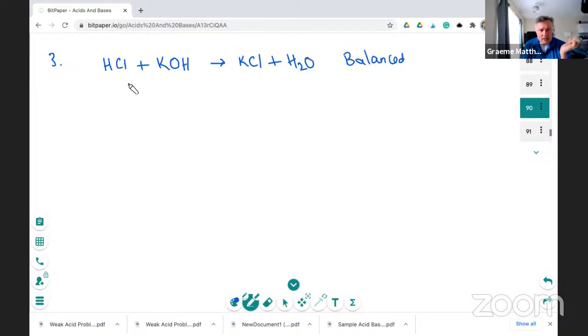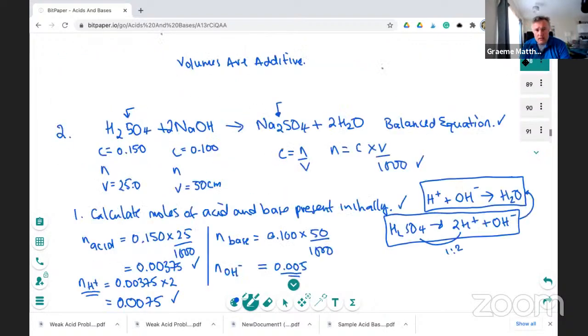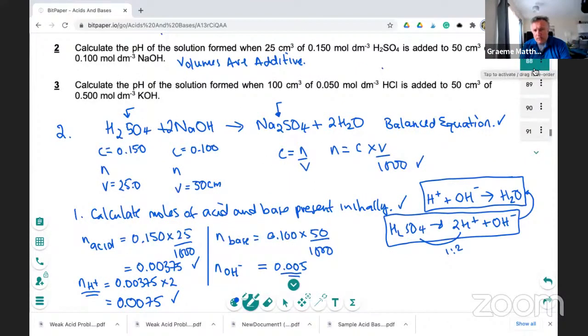Okay, I've done that. I'm going to write down C and V like this because I automatically write down C and V like this. Why? Because it's how I organize all of the data in my mind. Let's see, 100 cubic centimeters of 0.05 for the HCl.